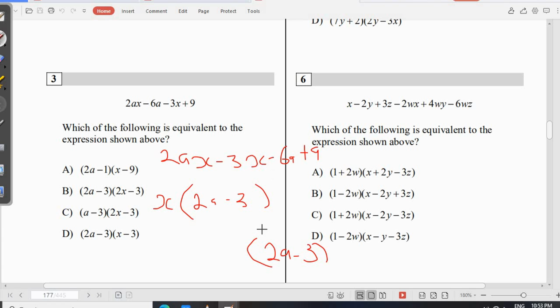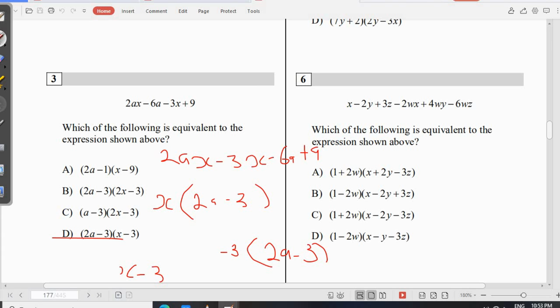Solving this, we have minus 3 times 2a, which is minus 6a, and then this is plus 9. So you have x minus 3 and 2a minus 3. This makes more sense. Yeah, x minus 3 and 2a minus 3.